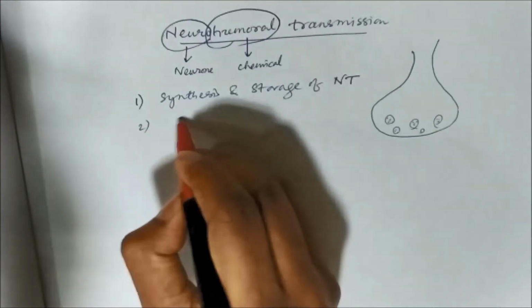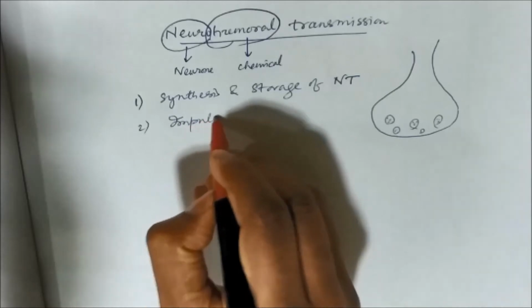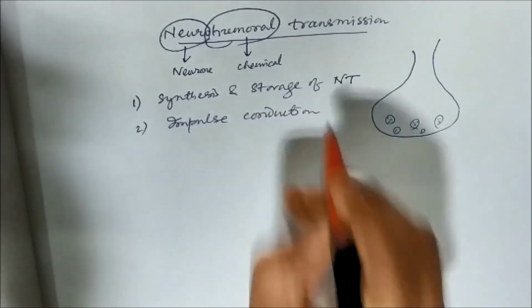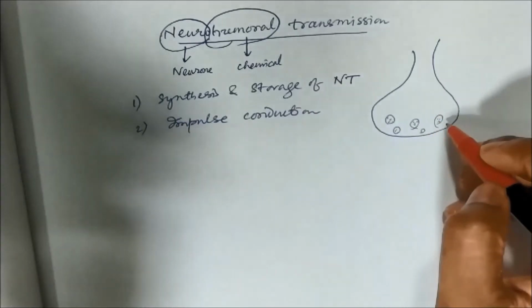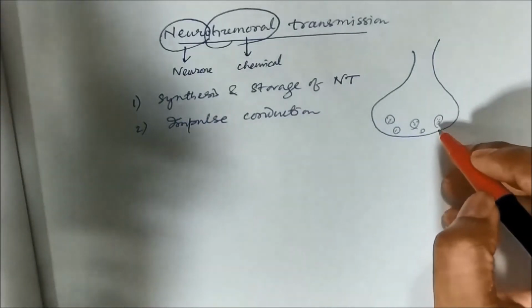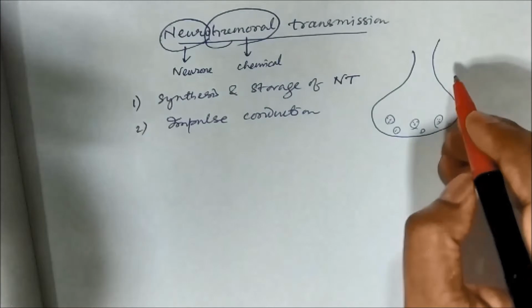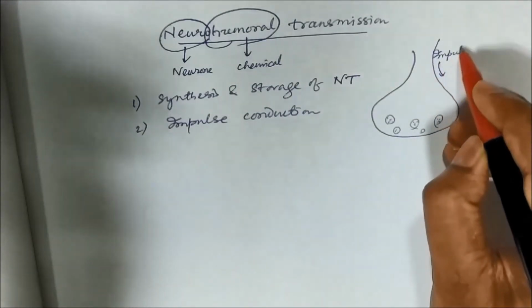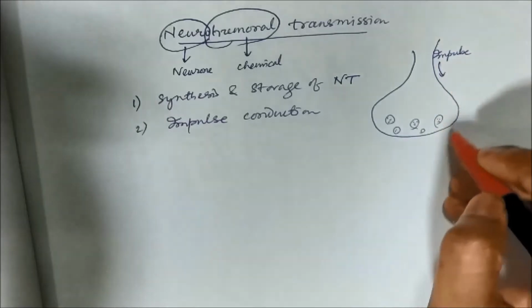And the second step is impulse conduction. So when these neurotransmitters have to be released, some impulse must come, and that impulse should be first generated and then conducted.